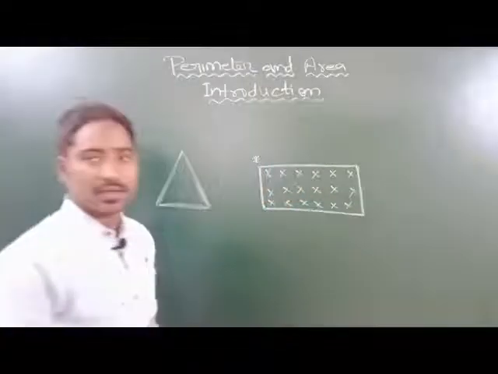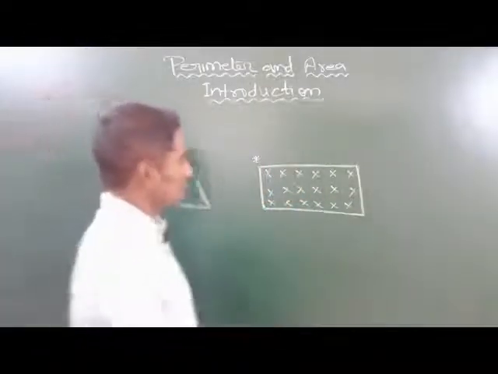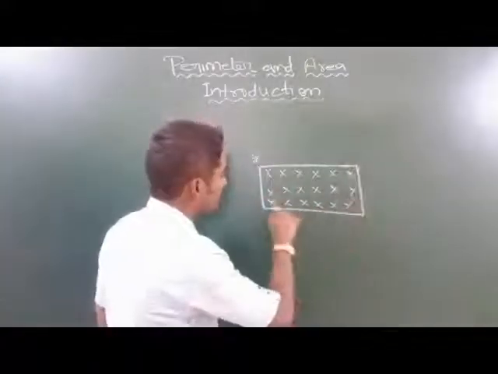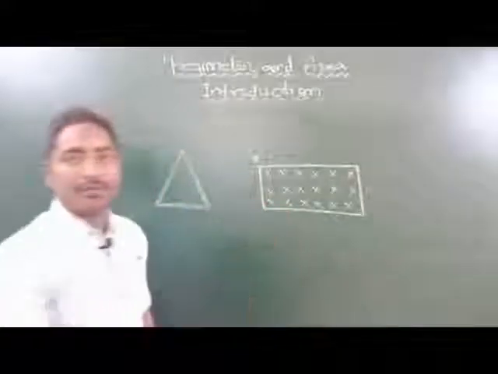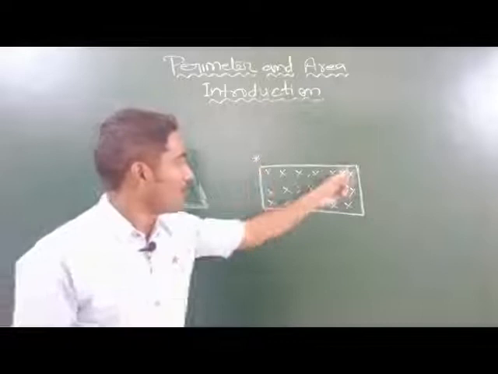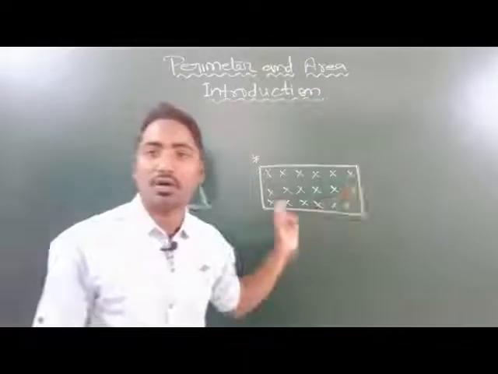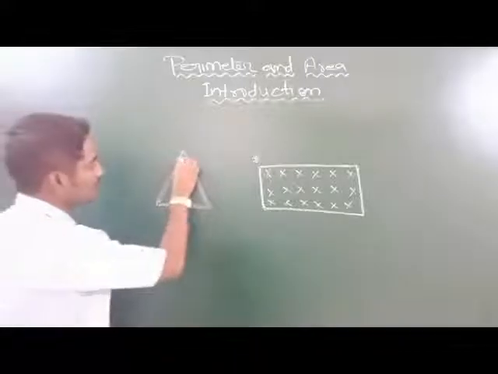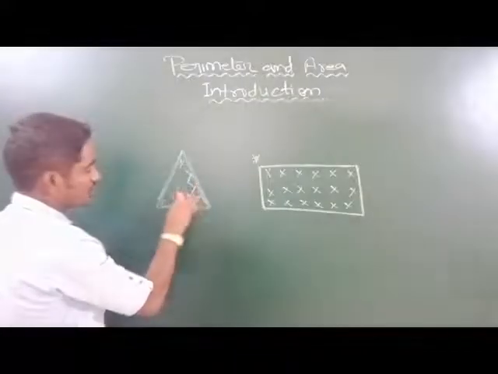This is our area. When you are calculating the area, students, you are getting its inner portion, that is this portion. And when you are calculating its perimeter, you are getting the outer border of the figure. Similarly, if you calculate the area of this triangle, you are getting this portion, students.